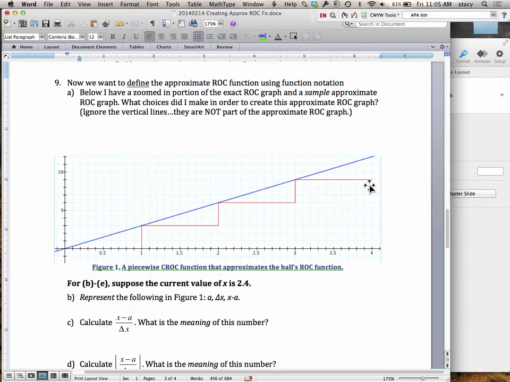Your approximate rate of change function might have looked different, but now let's use this one. So a sample approximate rate of change function. I want you to tell me what choices I made to create this, and then answer parts B through E, supposing that the current value of x is 2.4. Okay? So go for it.